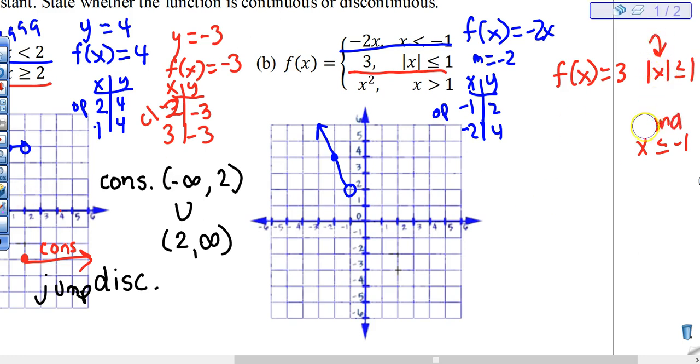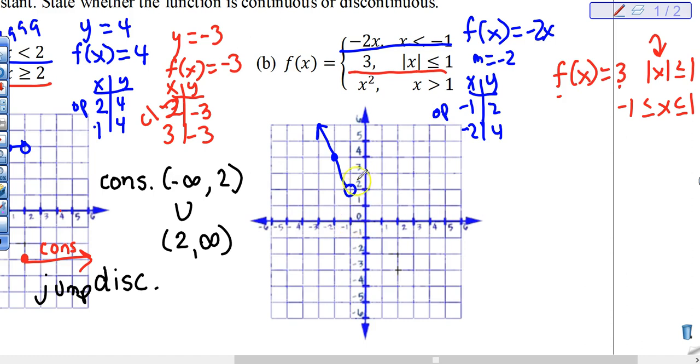So my preference for writing that statement, removing the absolute value, would be to say -1 is less than or equal to x is less than or equal to 1. As long as my x is between those two values, I'm in a good space and I have a true statement. So let's go to -1. If x is -1, what's my y supposed to be? Look, y is equal to 3 all the time.